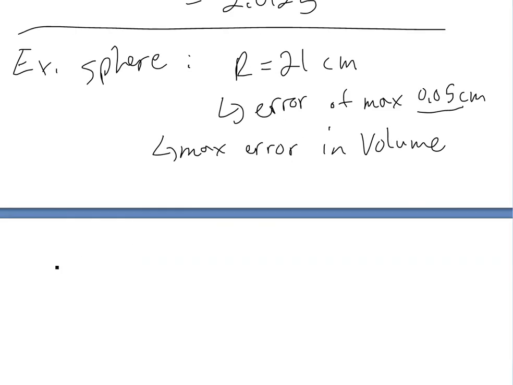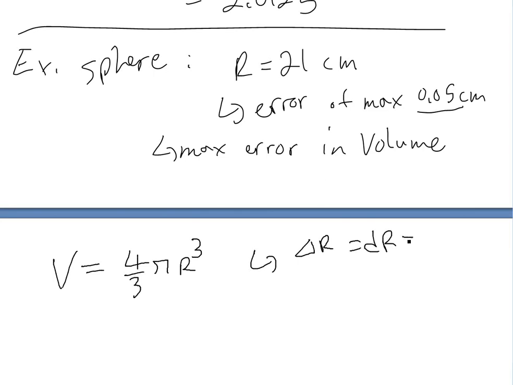Okay, well, we know that the volume is equal to 4 over 3 pi r cubed. So let's denote the change in r, or the error, as dr. This is just the error in radius.